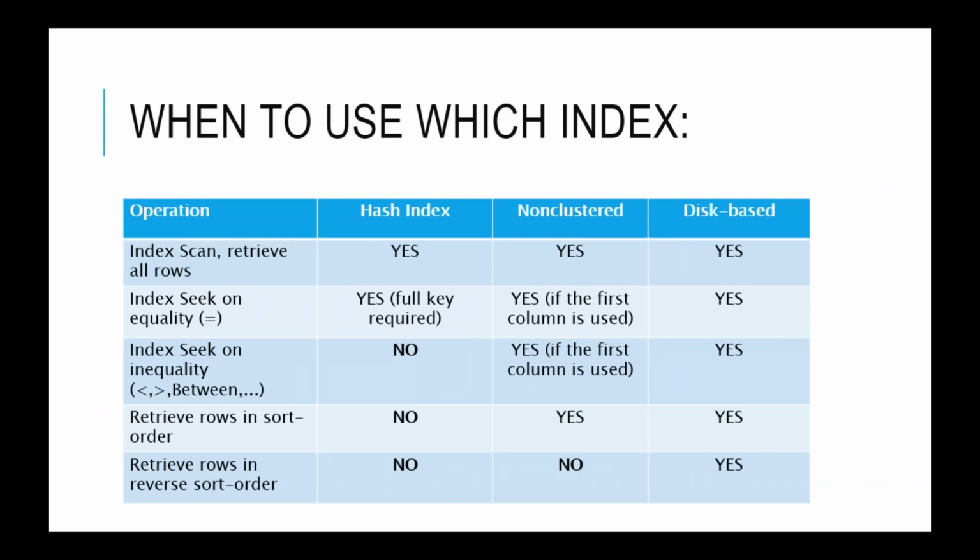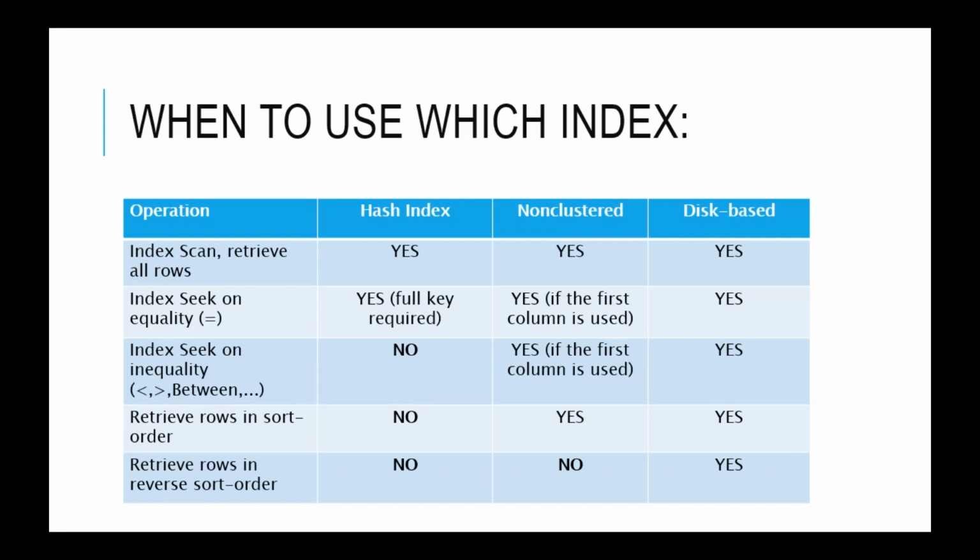So this is just a small table here of the operations and the indexes. I had no time to dive into the different types of in-memory indexes that exist, but if you are deciding which operational analytics solution you are running, if you're running the disk-based, you can have all of the typical operations on your indexes.